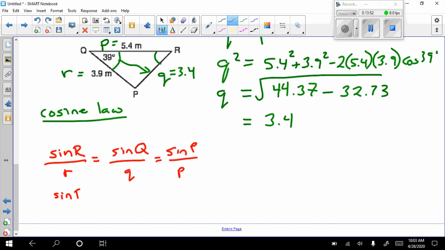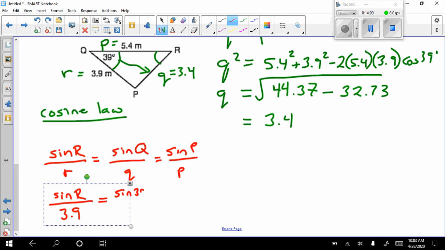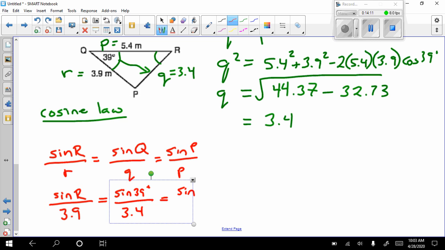I don't know what r is, so I'll just write sine r over little r. Well, little r is 3.9. Sine q, I know, is sine of 39 degrees divided by, and look, I know little q now. It's 3.4. Sine p, I don't know, so I'm going to put just p there, and then over little p is 5.4.